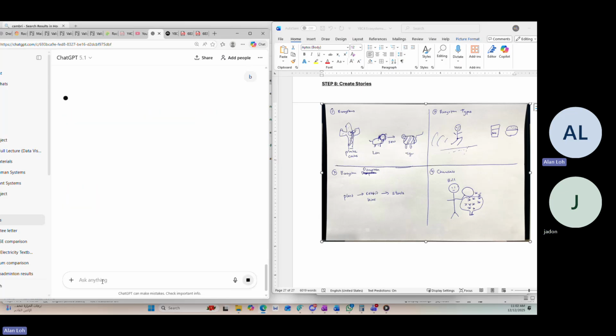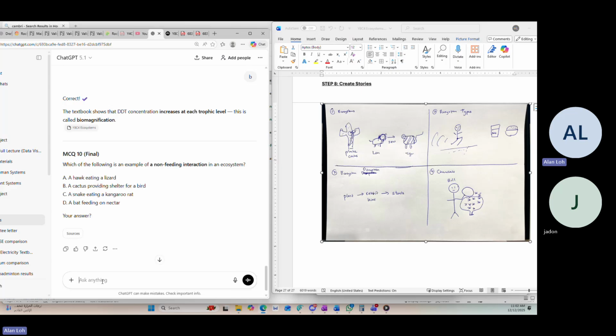So B. What do you think? B. Cactus providing shelter for a bird.